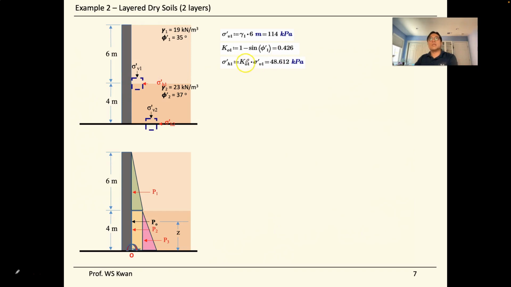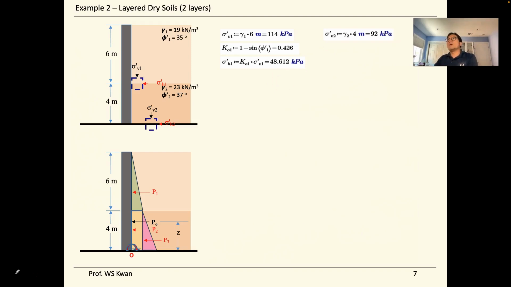That is equal to K naught 1 times the vertical stress that we found. For this case, we have a horizontal stress acting right here at the base of our first layer, which is 48.6 kilopascals.